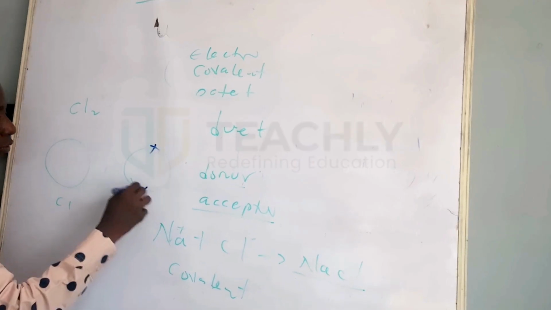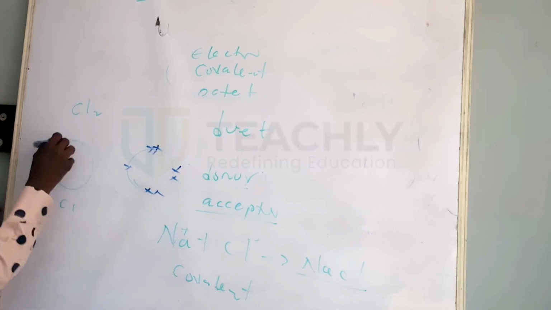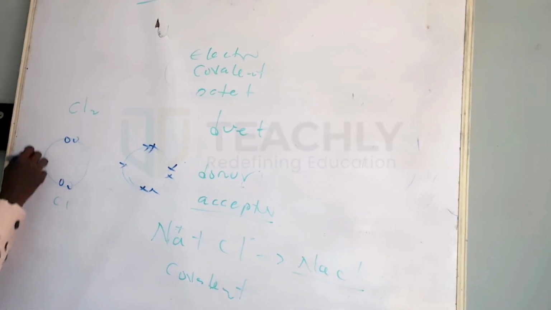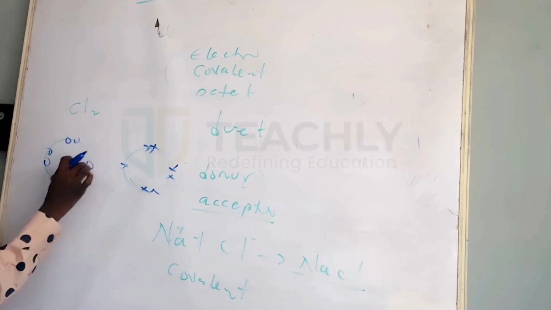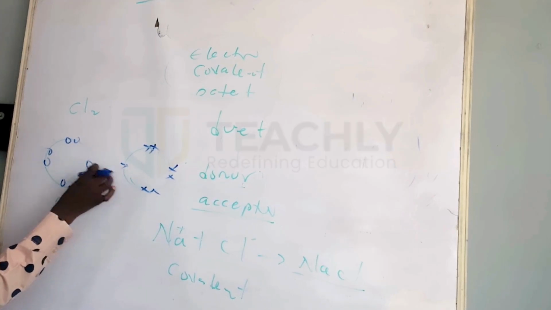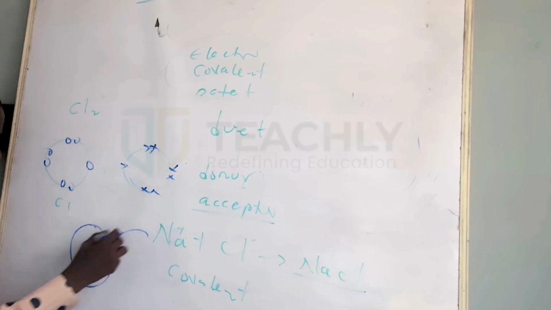Here the chlorine atom has 7 electrons in its outermost shell, and this other chlorine atom too has 7 electrons in its outermost shell. So these two will pair to donate electron and share.